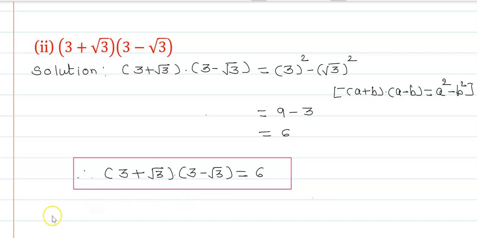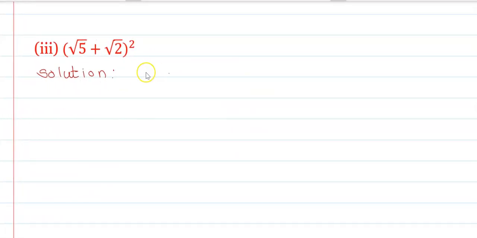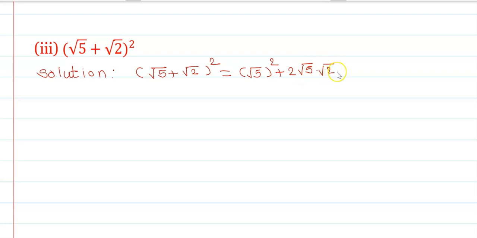Next example, in bracket root 5 plus root 2 bracket square. Root 5 plus root 2 bracket square is equal to root of 5 bracket square plus 2 root of 5 into root 2 plus root 2 bracket square.